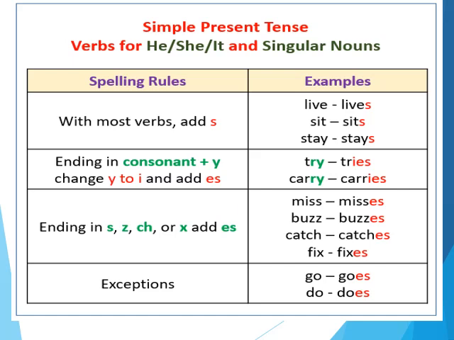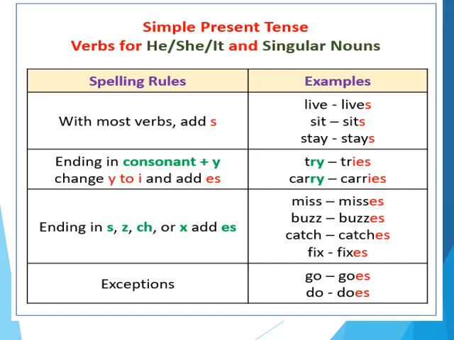Now, do all the verbs ending with Y change into IES? Well, the answer is no. There are verbs which end with a vowel plus Y. Example, play. P-L-A-Y, play.